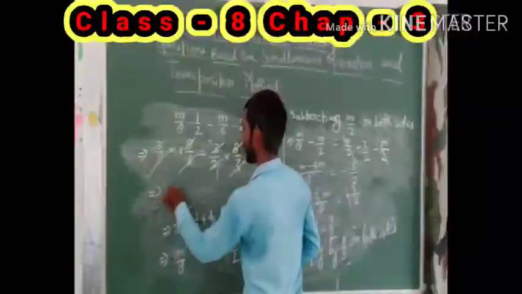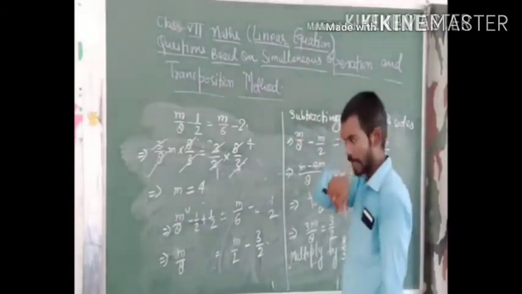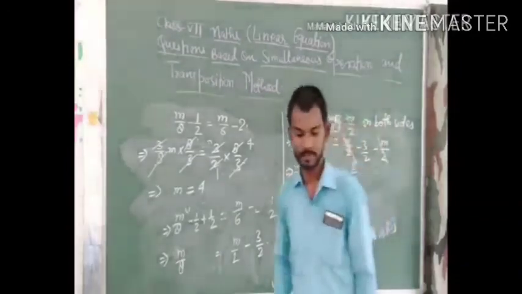This implies the value of m is equal to 36. I hope it is clear.